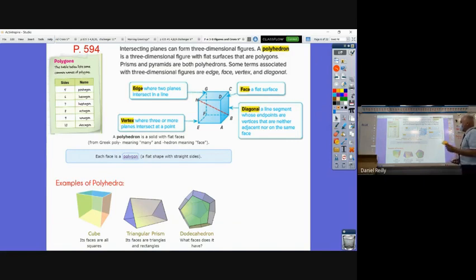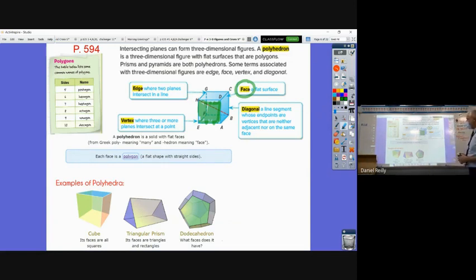Okay, so the faces of a three-dimensional figure are the flat surfaces, the planes that make up the figure. Okay, so in this cube here, like this front here would be a face. Okay, the sides of the shape.